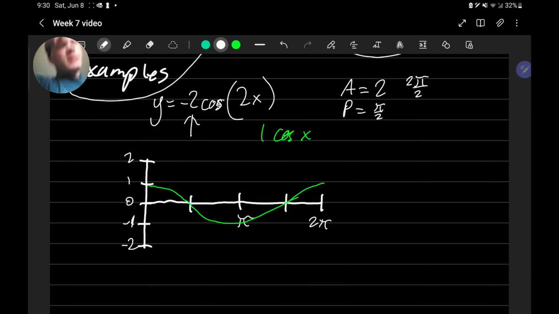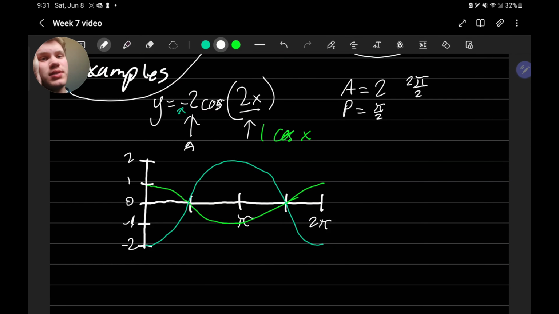However, for this one, we are going to multiply our amplitude by a -2. Gotta keep that in mind. So it'll flip across the x-axis, so it'll be kind of like that. But then we'll take it one step further, and then we need to multiply it by this 2x.